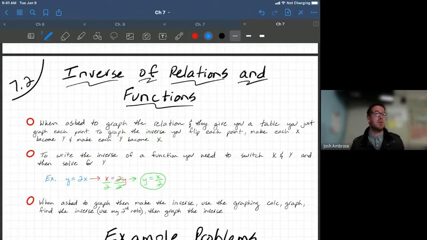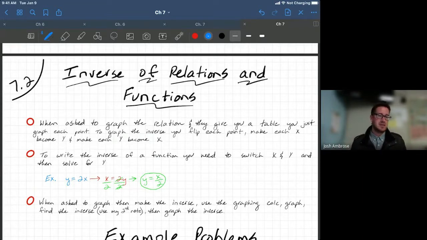You just graph the points. It's that easy. Then when they say graph the inverse, you're just flipping the values. Whatever they said were the x's, you make those the y's, and at the beginning, they said here's your y's, now you make those the x's. That's it when it comes to the beginning.